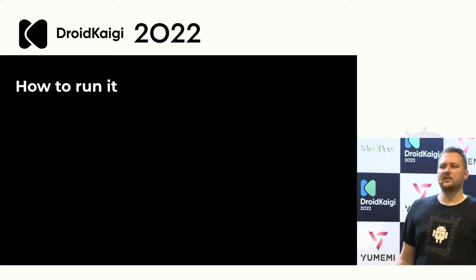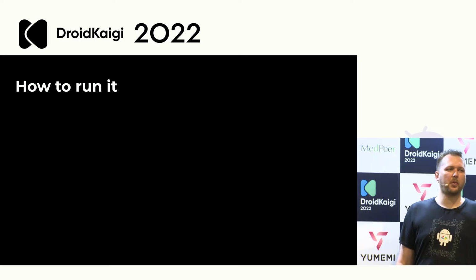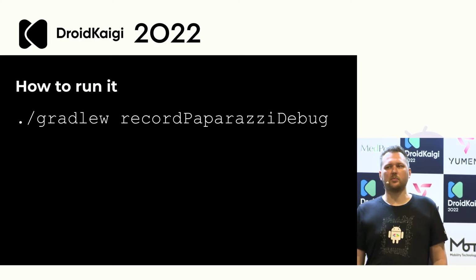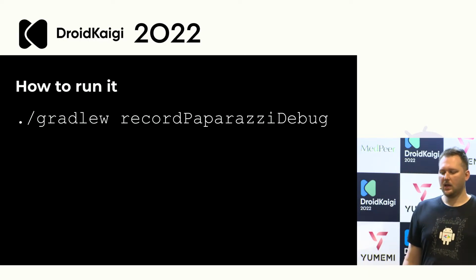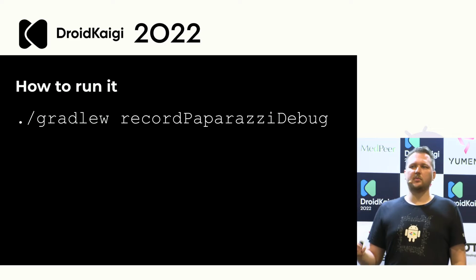So when you have all of this set up, now how to run it? Paparazzi has these two commands in Gradle. The first one is record Paparazzi Debug, where debug is your build variant. What it does is run the screenshot tests of all your previews and save them into your Git repository.